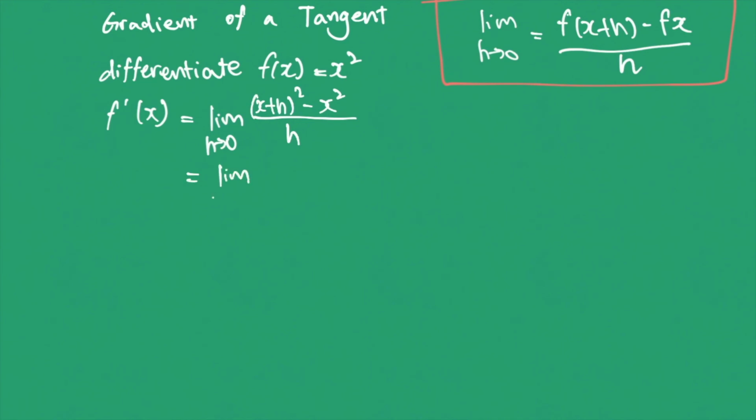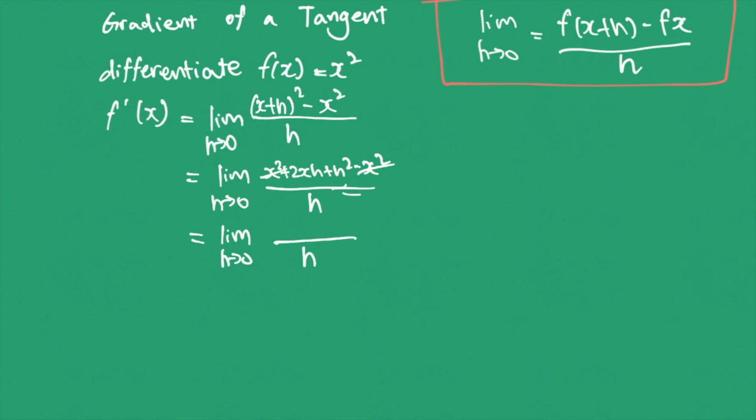After that, we can expand the numerator and simplify it by cancelling out the like terms. And if we take out h in the numerator and the denominator, it would also be cancelled out.